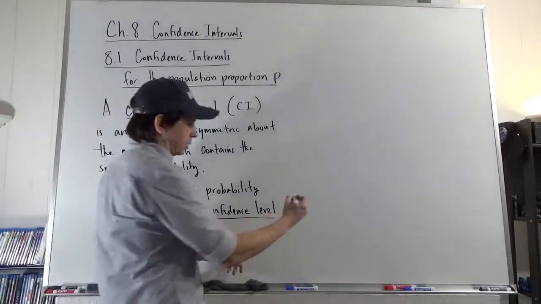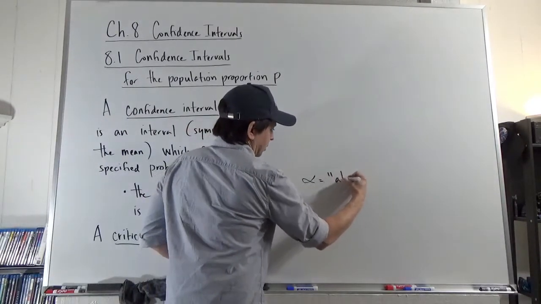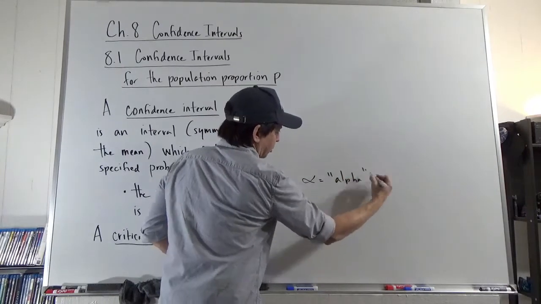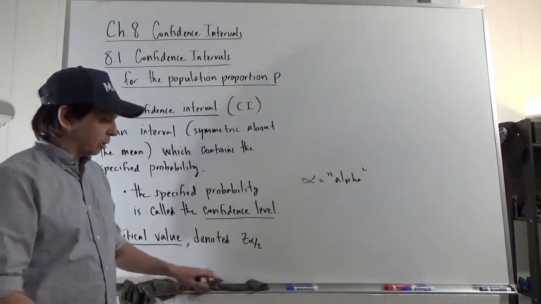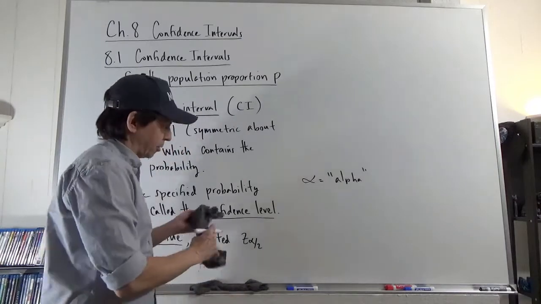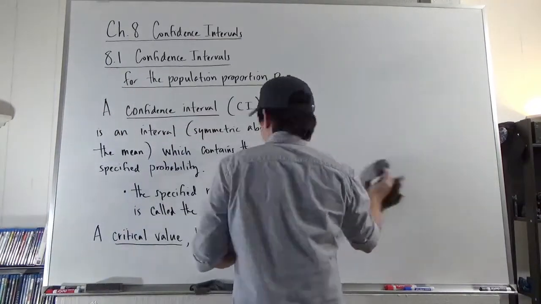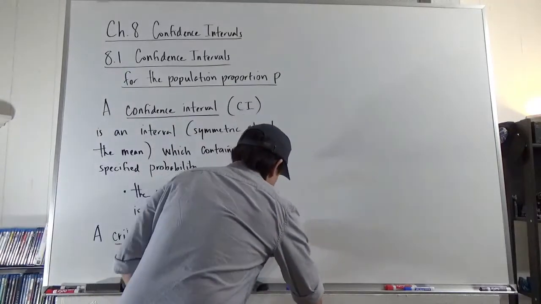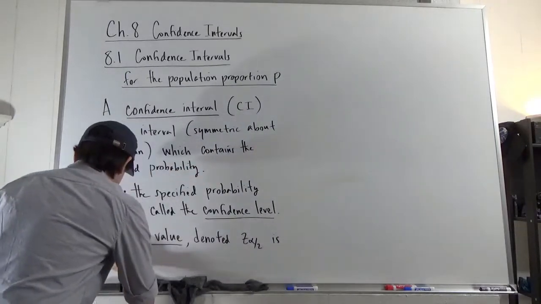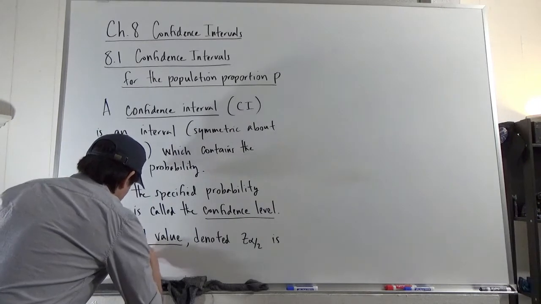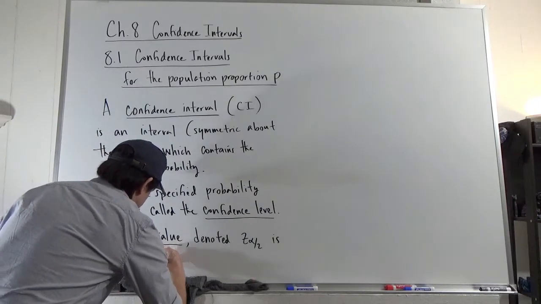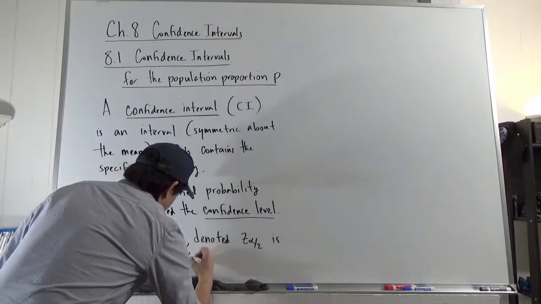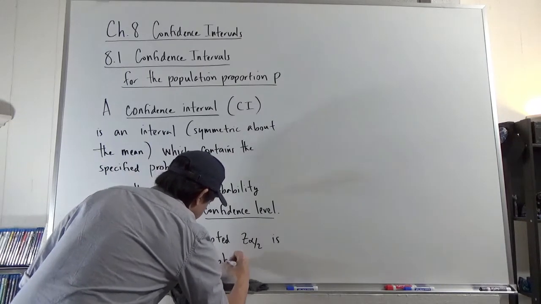So it's an alpha, looks like a little fish, the Greek symbol alpha. Alpha divided by 2, so it's a subscript that's half of alpha. It is a z-score with alpha over 2 probability to the right.